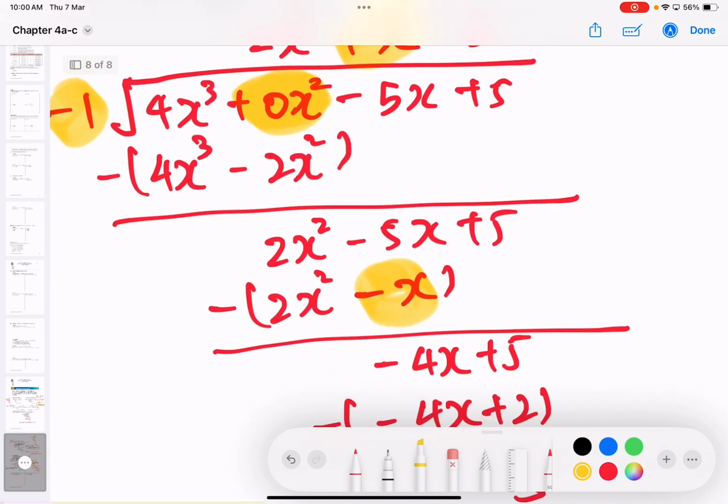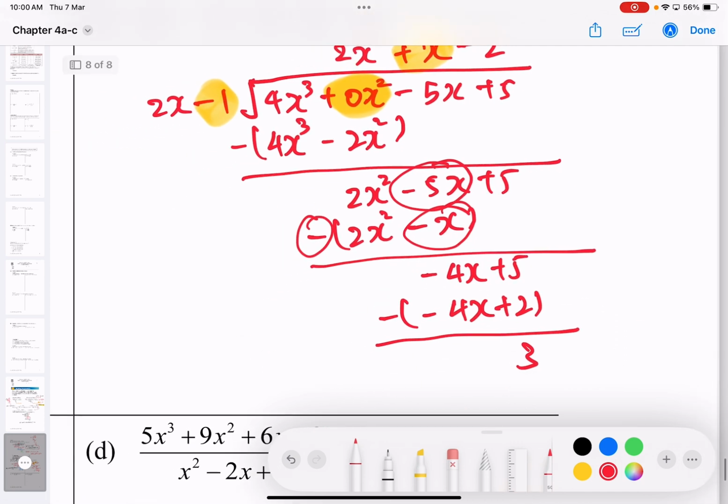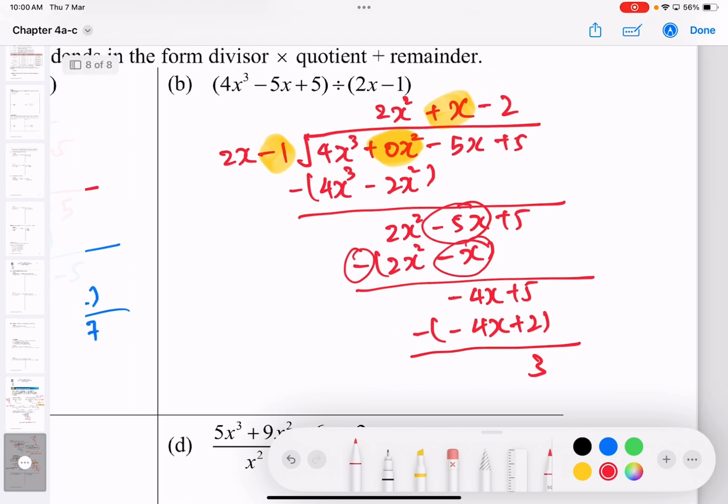I guess you guys got curious about this one. So negative 5x plus x gives me negative 4x. Oh wait, this one's wrong. So you guys need to practice, ladies and gentlemen. You really need to practice, alright?